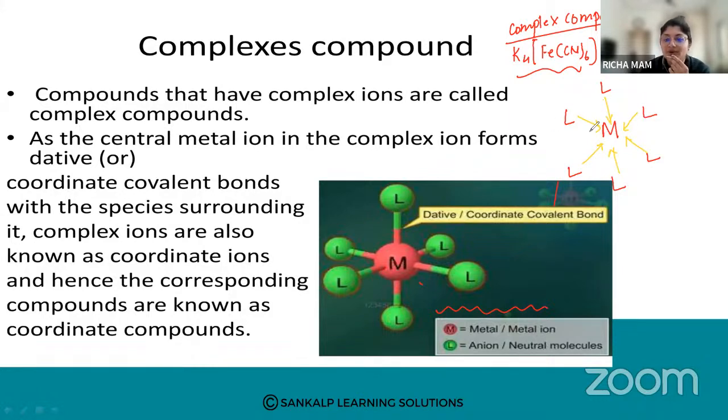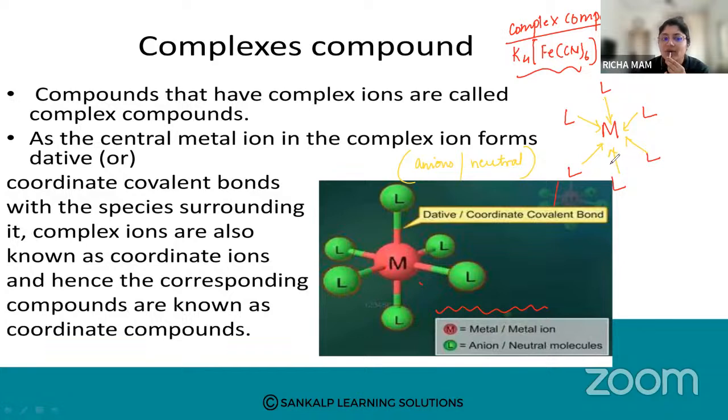So complex compounds are found like this: in the center, your metal atom or metal ion will be there, and surrounding it your ligands will be there. These ligands are either anions or neutral molecules, and the two are held by a special bond called a coordinate covalent bond or a dative bond.